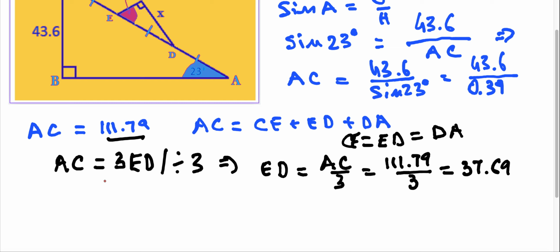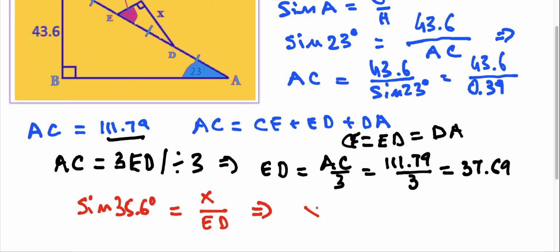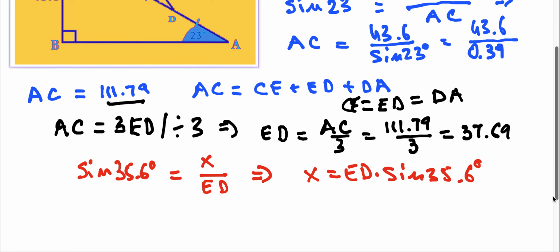And the sine of 35.6 degree is equal with X divided by ED. And this implies X is equal with ED times sine of 35.6 degree.